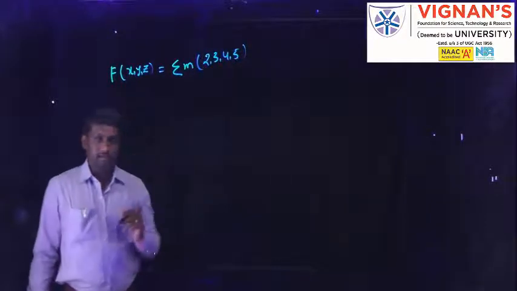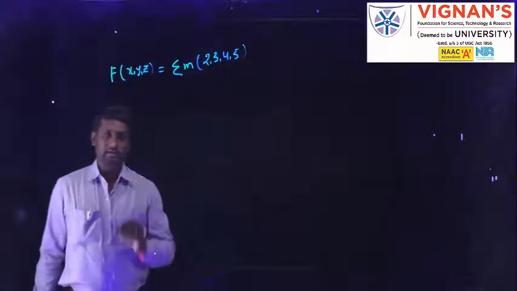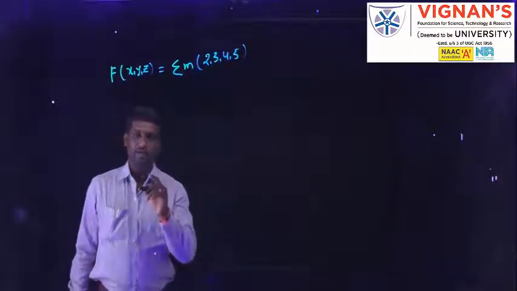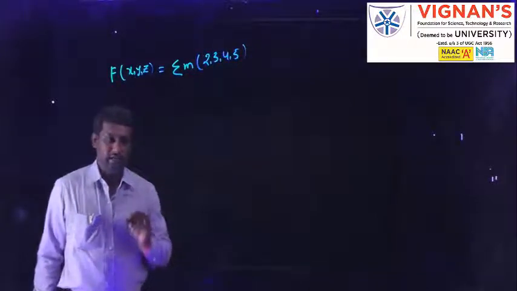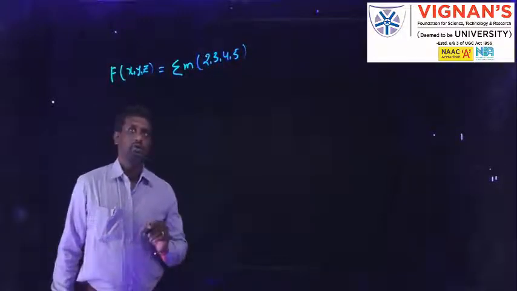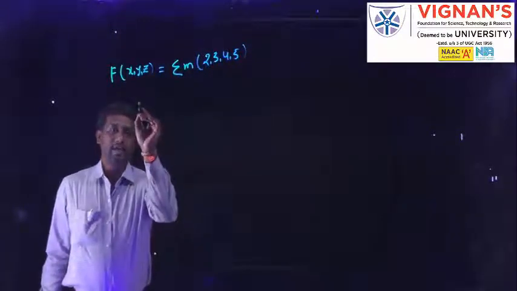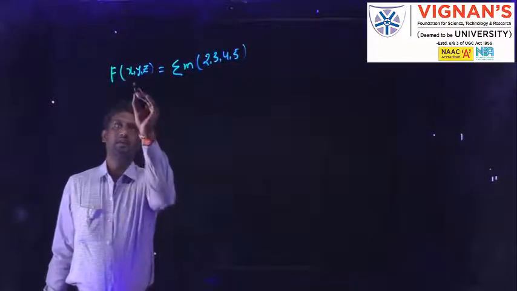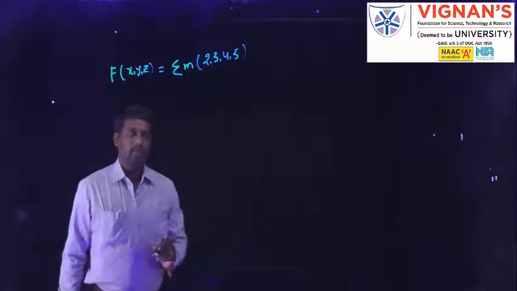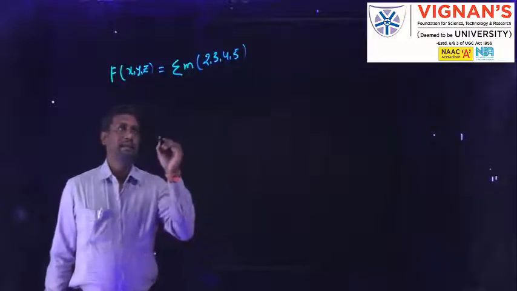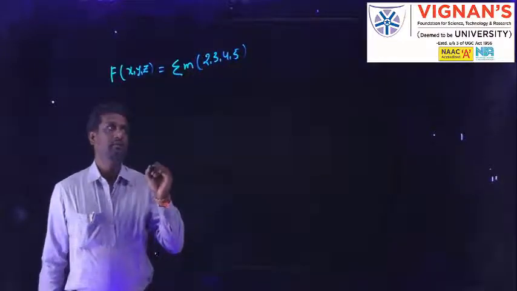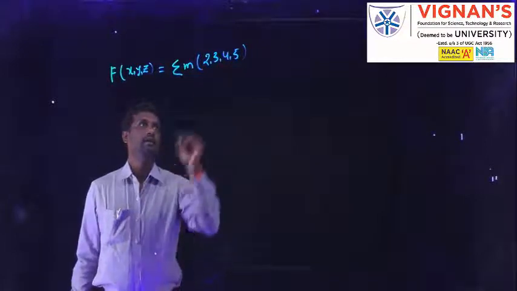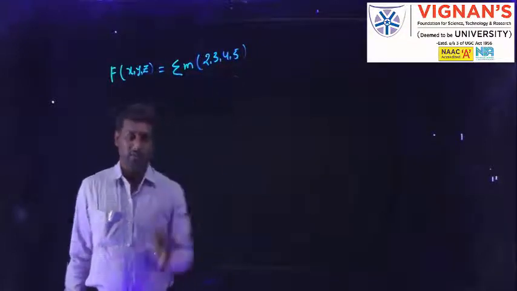This is the given Boolean function. We need to simplify this Boolean function by using a K-map. So here, this is a 3 variable Boolean function. Those 3 variables are x, y, z. The minterms present in the Boolean expression are 2, 3, 4, 5.